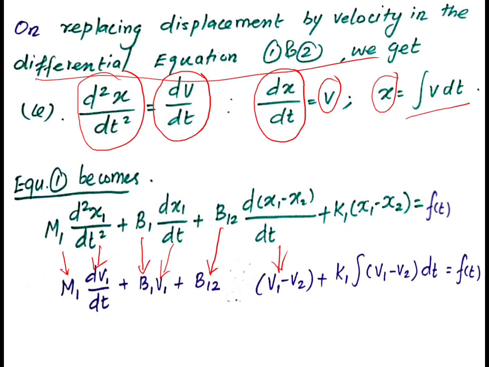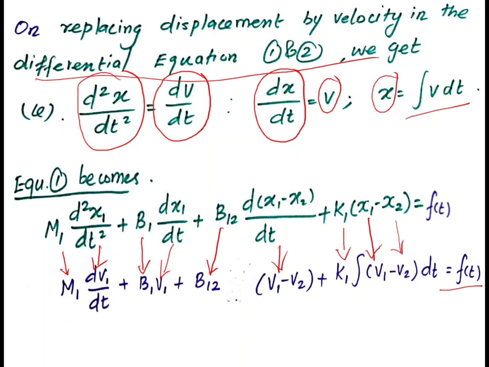Then k1 into x1 minus x2: if you have x, you have to replace it with integration v into dt. So integration v1 minus v2 into dt is equal to f of t.